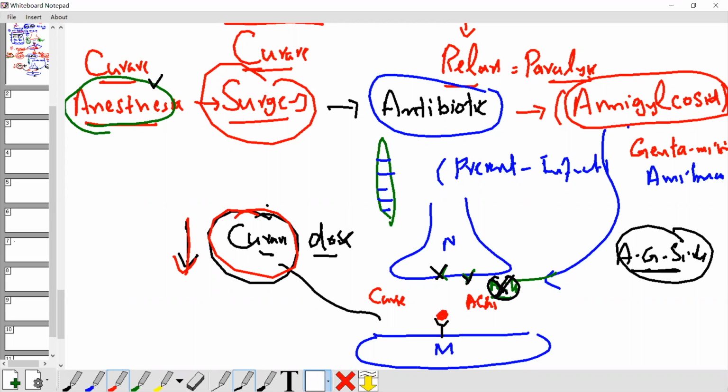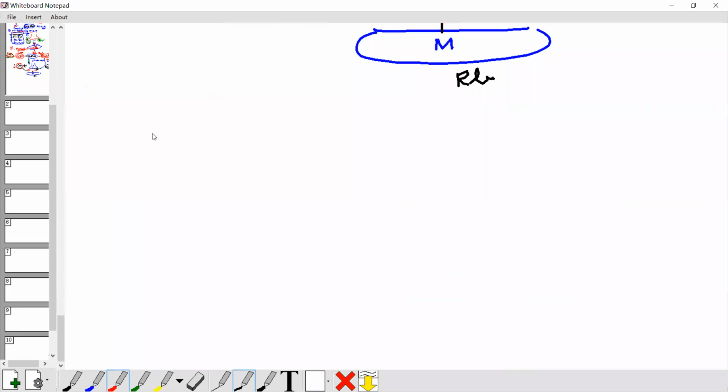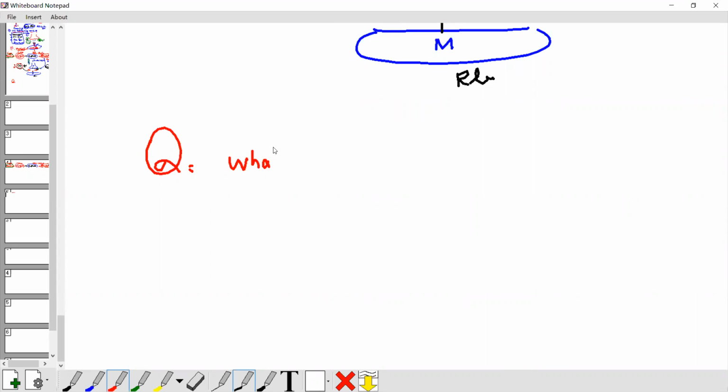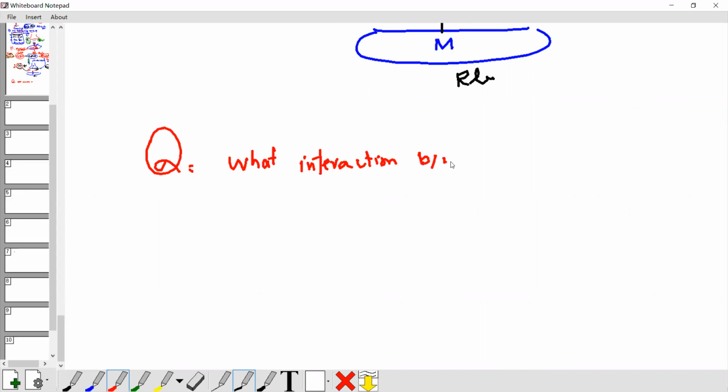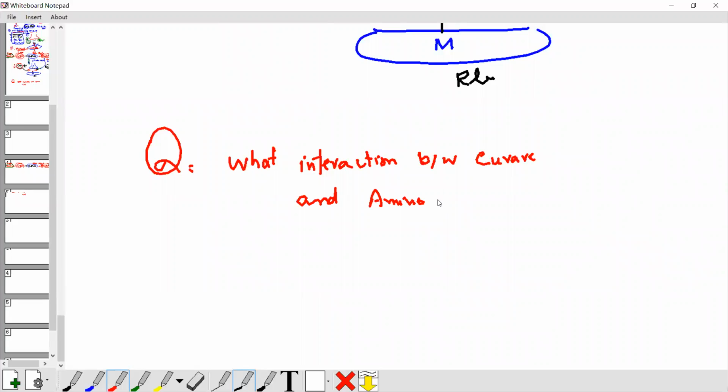It's an interaction. Write a question here. What interaction between Curare and aminoglycosides?